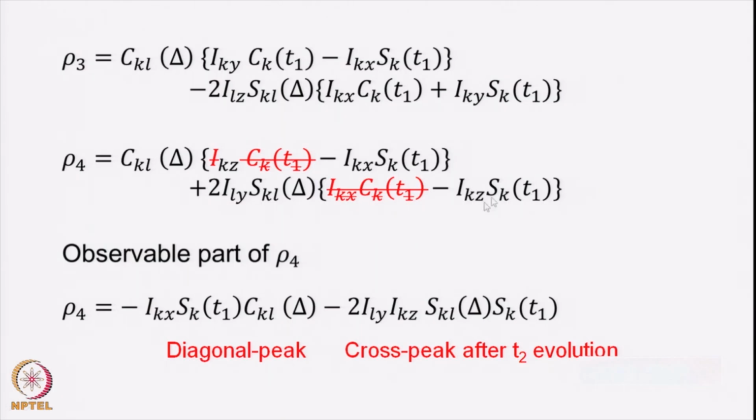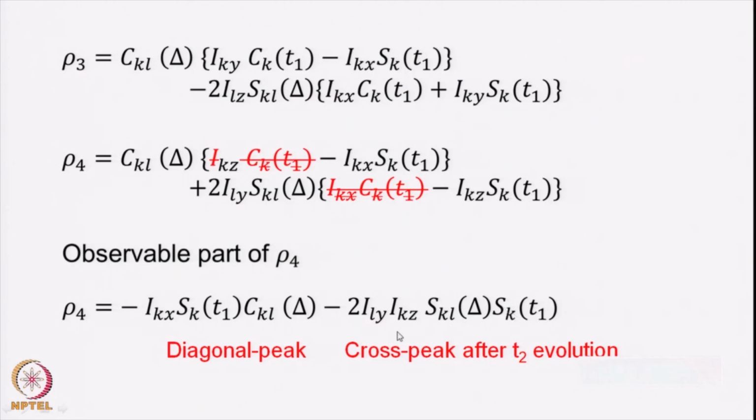When it evolves in the T2 period it becomes observable, and therefore we retain it. So keeping these observable parts, the observable part of rho 4 is IKX SKT1 CKL delta, and 2 ILY IKZ SKL delta SKT1.